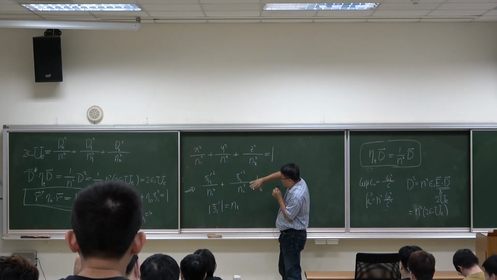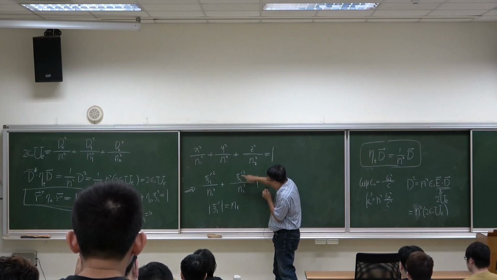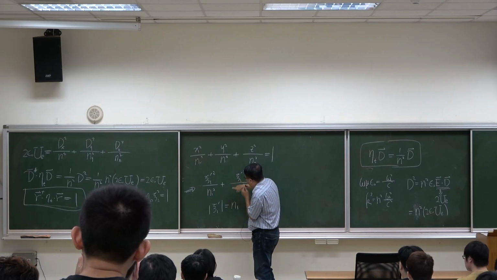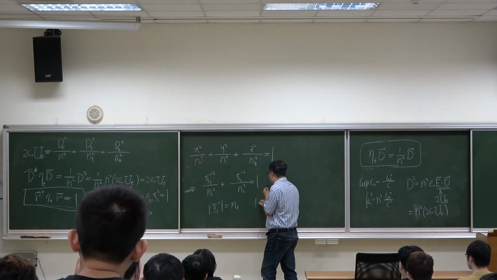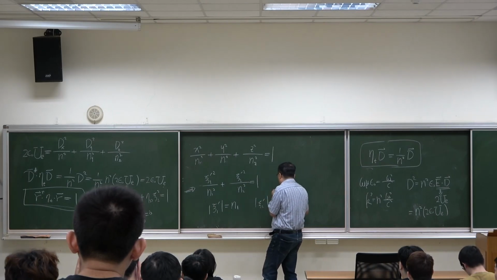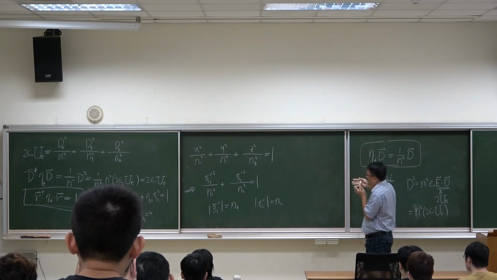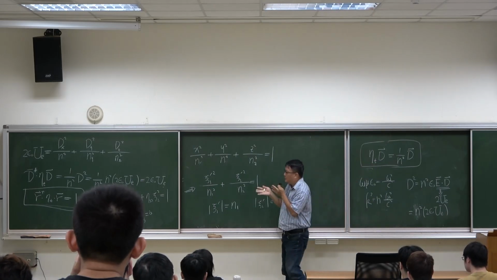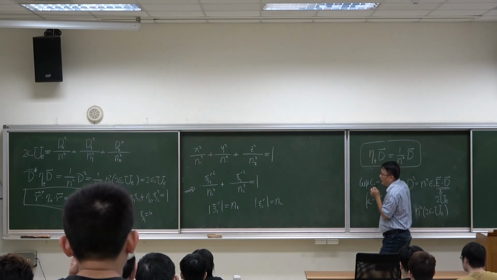And if we rotate our coordinate system axis so that cos 1 prime equal to 0, we get cos 2 prime absolute value equal to n2. So the magnitude of the semi-axis is just equal to the eigenvalue n.